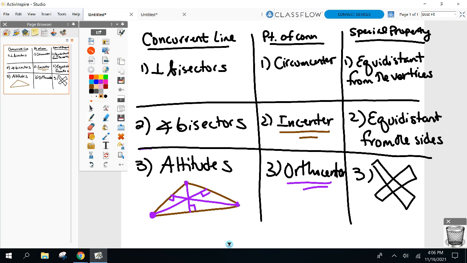Good news for us for today, there's no special property. And be able to construct an altitude as well now. I give you a triangle, you'll be able to swing the smile face, 2 more arcs below it, and draw in your altitude.